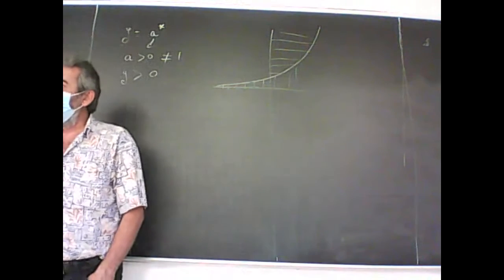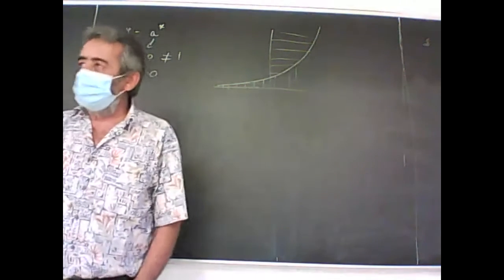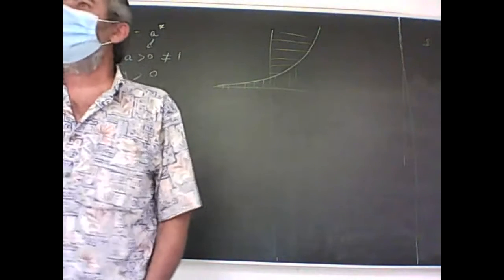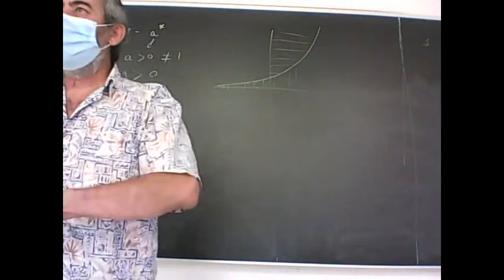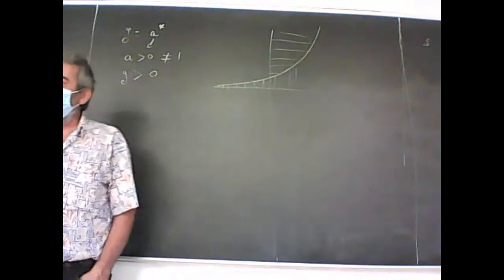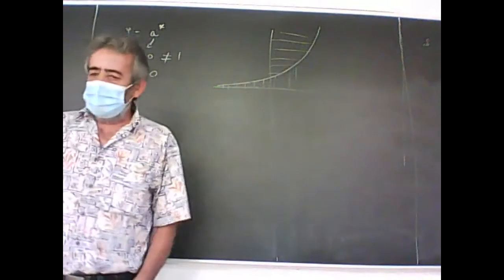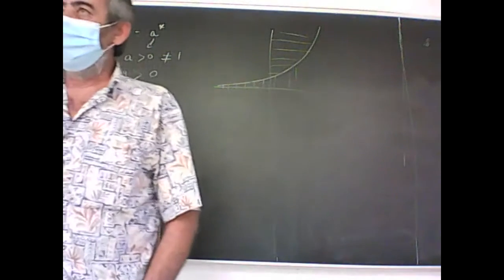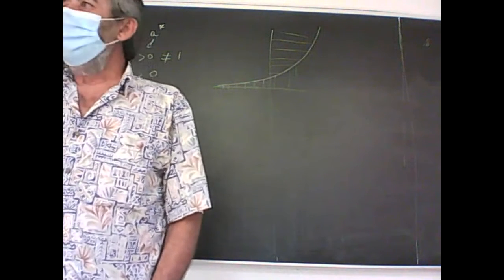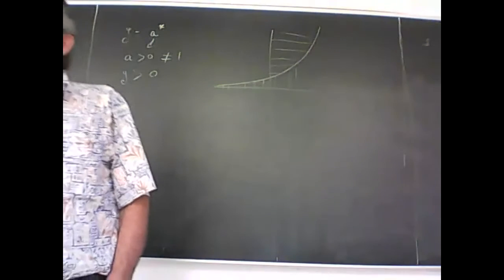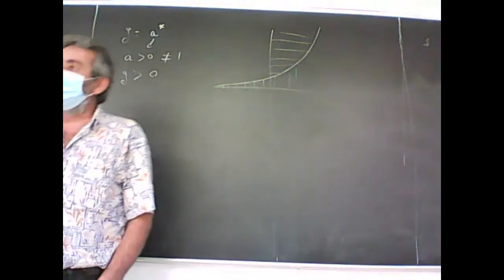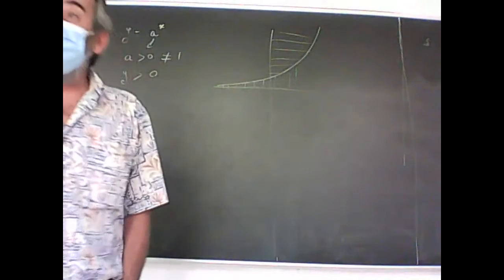These special functions, we call them one-to-one functions. One-to-one means every value has just one value, whether we're talking about x or y. And those functions have a return way, and that return function is called the inverse function.